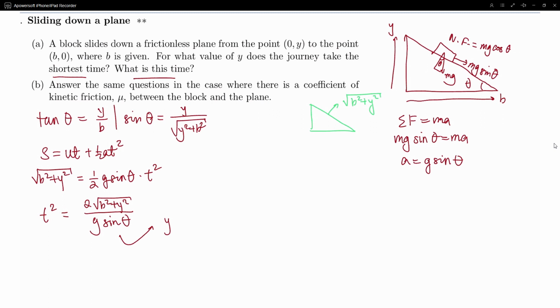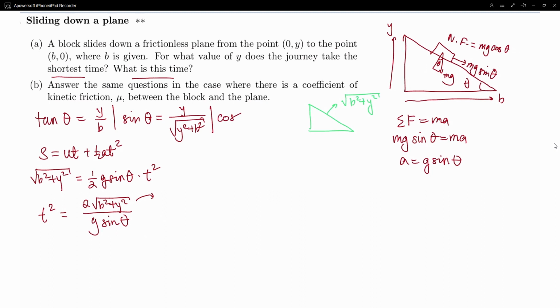Instead, a shortcut for this is to write root b squared plus y squared as a trigonometric function, and then solve for the minimum t squared. The most convenient function is actually cosine theta, because cosine theta is b over root of y squared plus b squared, and b here is a constant that's given to us, so it's better for calculations.